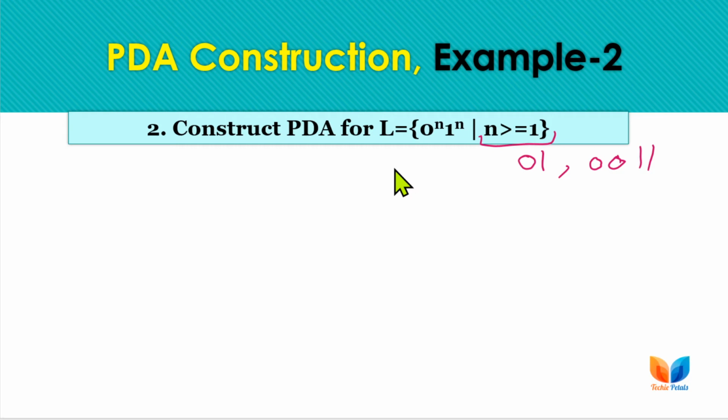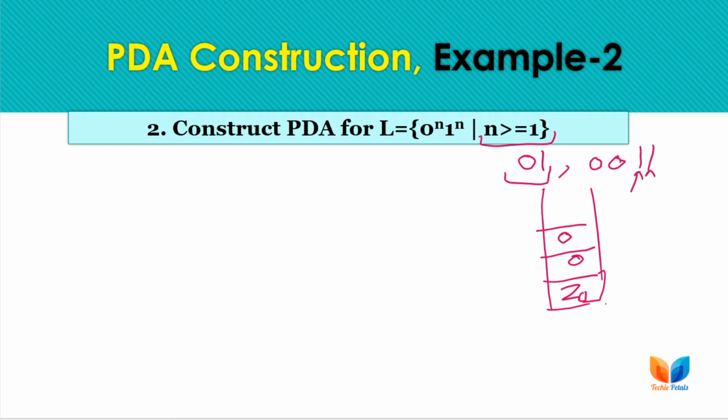Next, for this requirement, as we require 0 and 1, what is the need of the stack here? We need the stack, with Z naught as the initial stack symbol, to count the number of zeros, meaning whether we have received the same number of zeros or not. So we will be pushing all the zeros received before we start receiving ones, and after that for every one we will be cancelling out a zero.